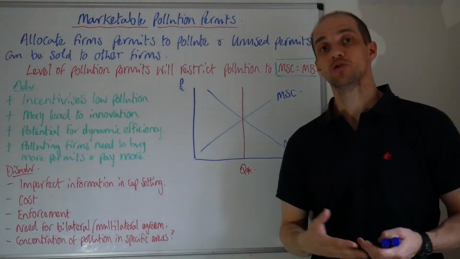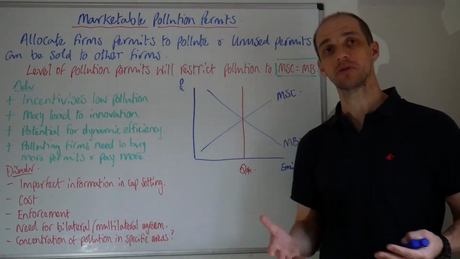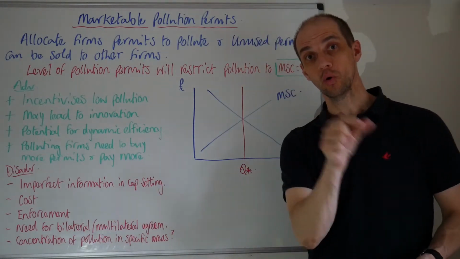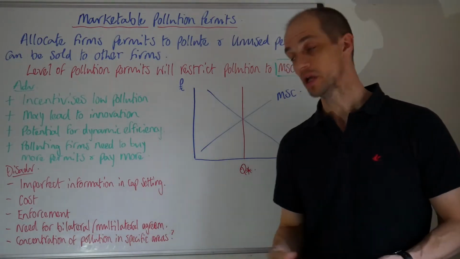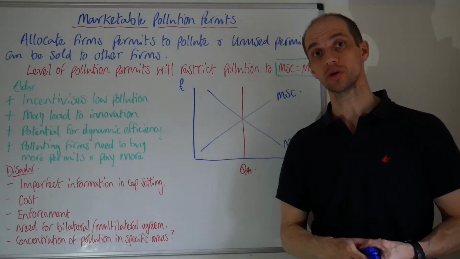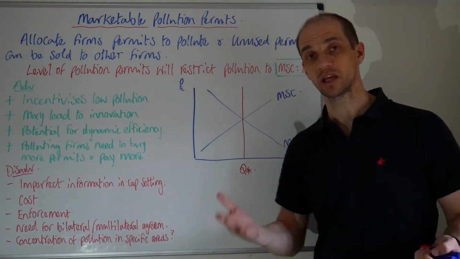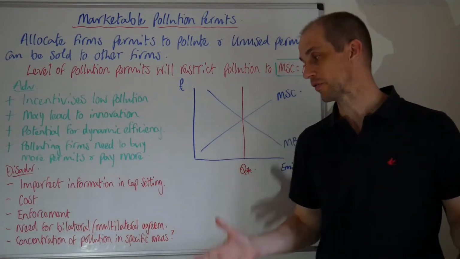Then, when it comes to countries that are right next door to each other, there's also the need for bilateral or even multilateral agreements to be settled. So bilateral simply means between two different countries, okay, but then when it comes to multilateral, you're looking at many different countries there, of course.